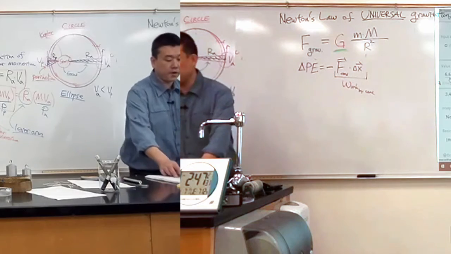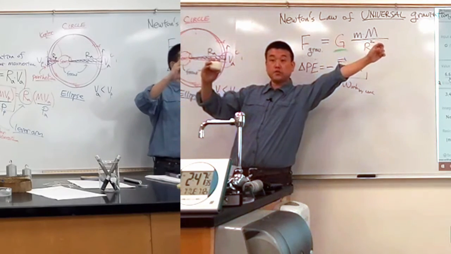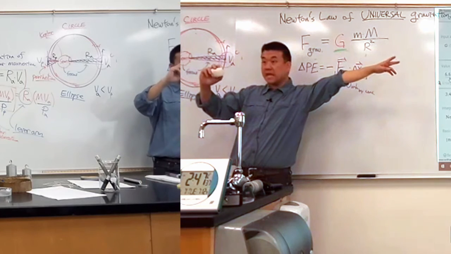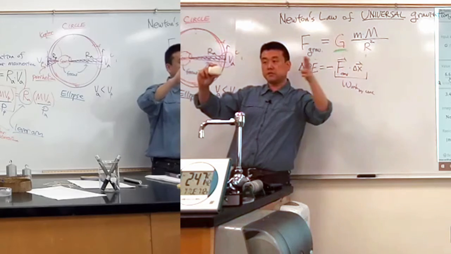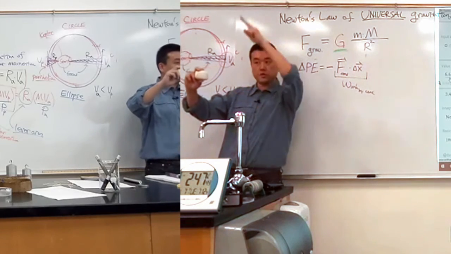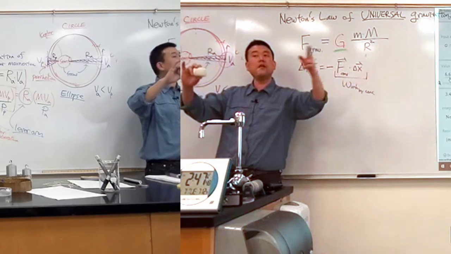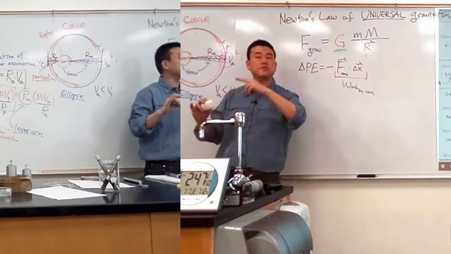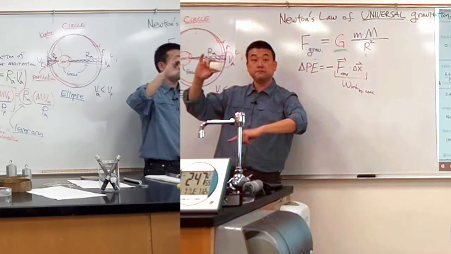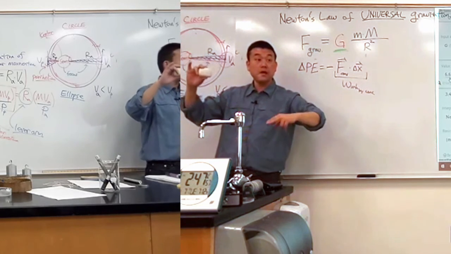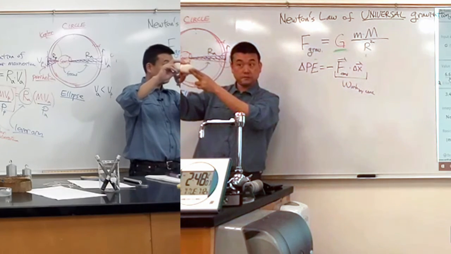If you have a mass, then very, very far away from this mass, you have zero potential energy. Not infinite, zero potential energy. And then as you fall into this mass, will your potential energy increase or decrease? If you are falling in, do you fall in the direction your potential energy increases, or the direction your potential energy decreases? Yeah, decrease, right? So you go from infinity to some negative potential energy.